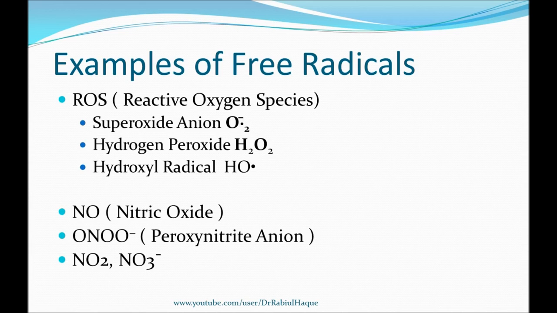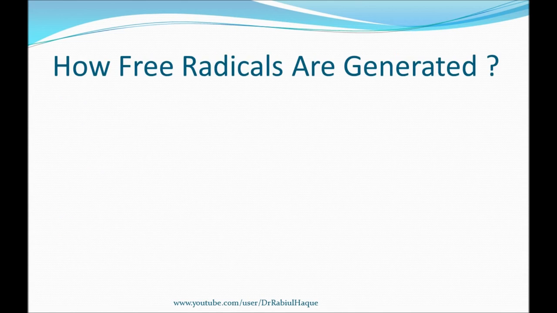So now you may be asking, Dr. Rabiul, how are these free radicals generated? And always remember, free radicals are generated in a variety of mechanisms. They can be generated during the reduction-oxidation reactions that occur during normal metabolic process.